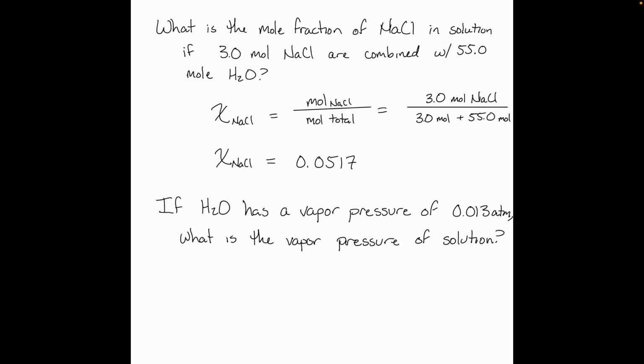All right, and again, we're going to need to use that new formula that we just learned about, where the vapor pressure of the solution is the mole fraction of solvent times the vapor pressure of the pure solvent.